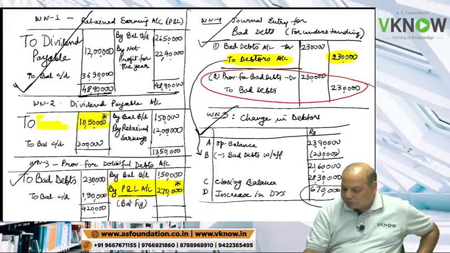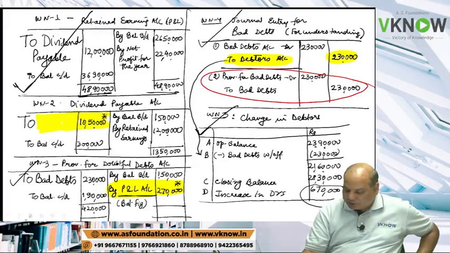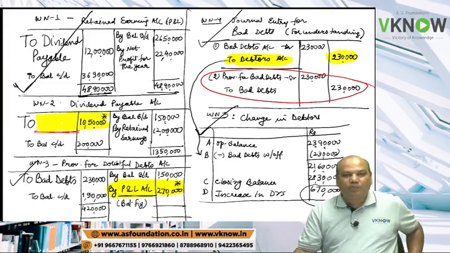And you have to tell me what I should write here in working note on the debit side. Please reply, your intelligence will be tested now. I will give you 2 options: option 1 bank account, option 2 P&L account.